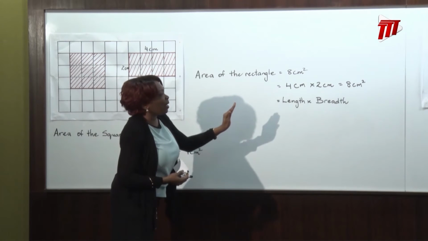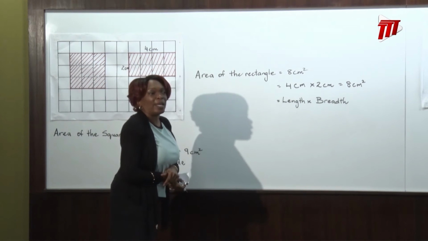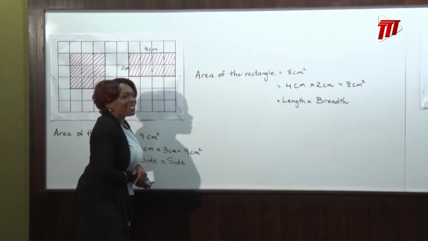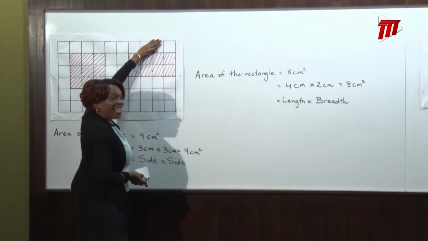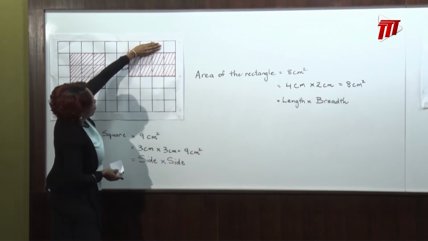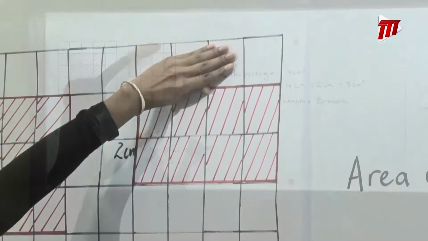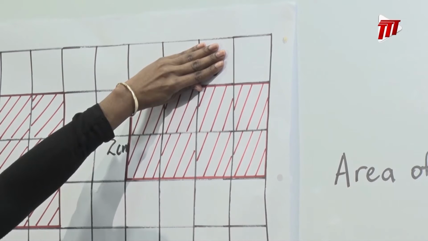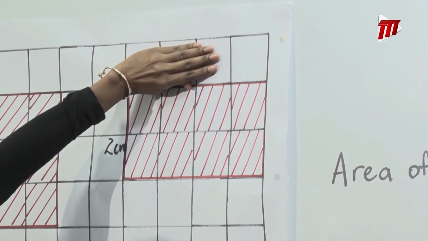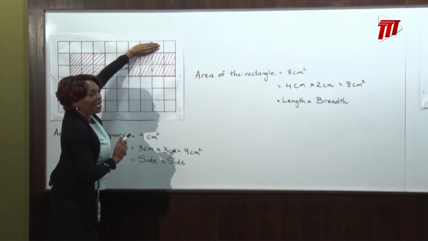If we are given the area, which is 8 centimeters squared, you see where I'm going with this? Can you find the missing side? I blocked out the length, so we are given the area and the breadth. What can I do with the area and the breadth to find the length? Wonderful.